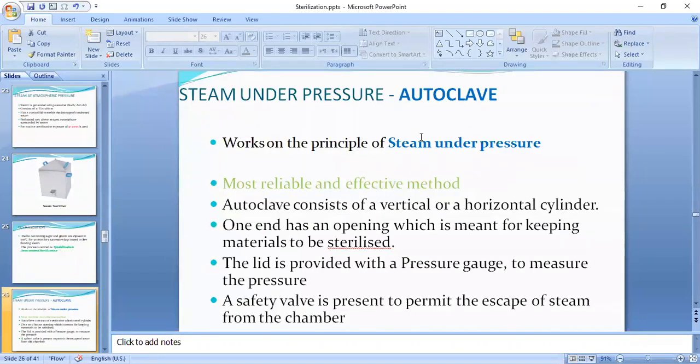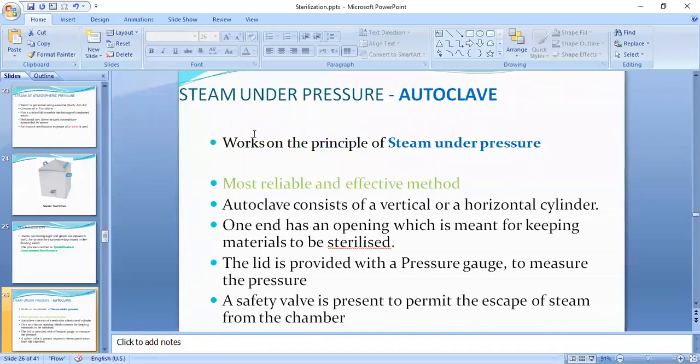The most efficient method of sterilization is steam under pressure. Now we use a temperature above 100 centigrade, and concomitantly the pressure is also applied.